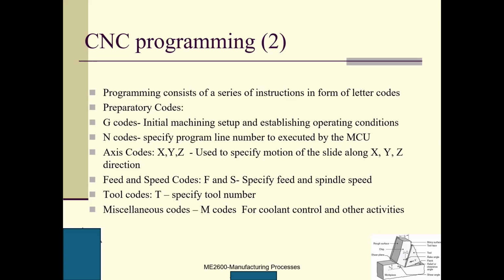And the T code. The M code is a miscellaneous code for coolant control and other activities. What I want you to know is G code and M code, and they are very important. The G code is the initial machining setup and establishing operating conditions, and the M code is the miscellaneous code for coolant control and other activities.